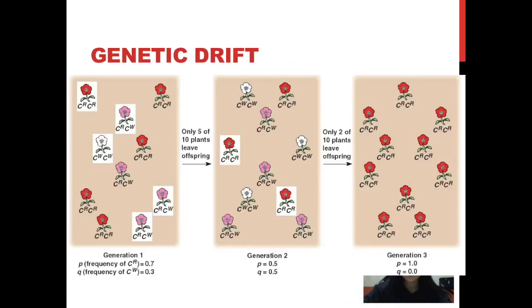Genetic drift is an event happening only by chance which causes allele frequencies to alter unpredictably from one generation to the next generation. So this picture is an example of genetic drift. This shows how genetic drift can affect a small population of wildflowers.